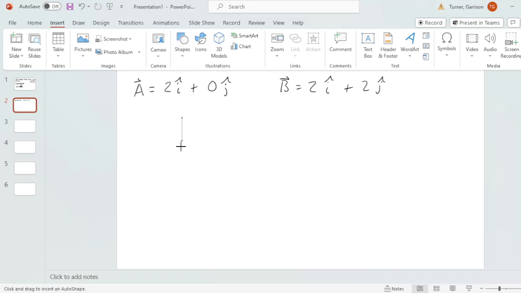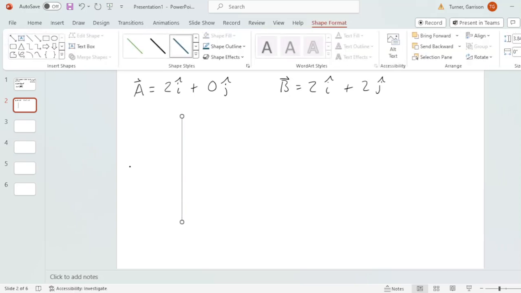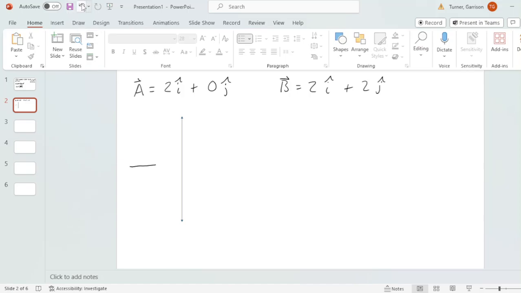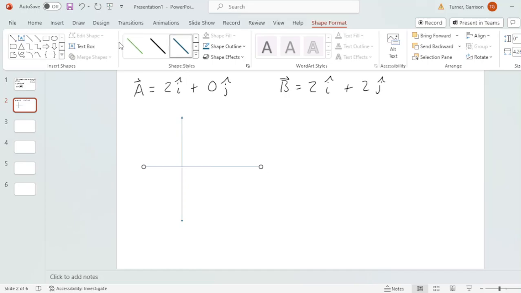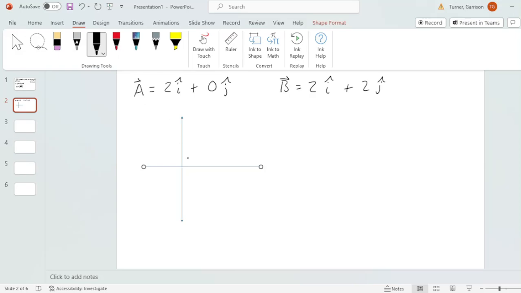And so let's make a coordinate system. Let's say that this is 1, 2, 1, 2.